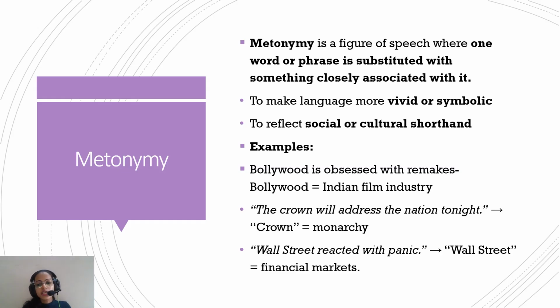So the word crown has replaced the monarchy. Similarly, Wall Street reacted with panic. So Wall Street has been used as a shortcut for the whole of the financial market that has so many different components and players. So metonymy is when a word or a phrase is substituted with something closely associated with it. Okay, I hope this one is clear.